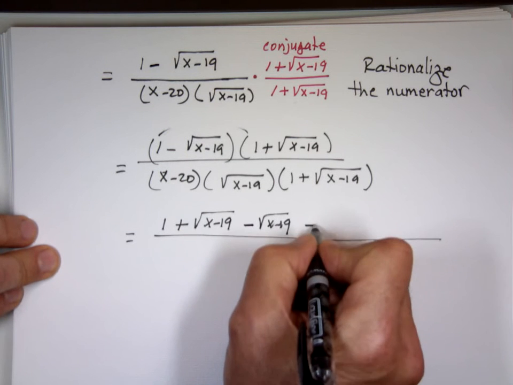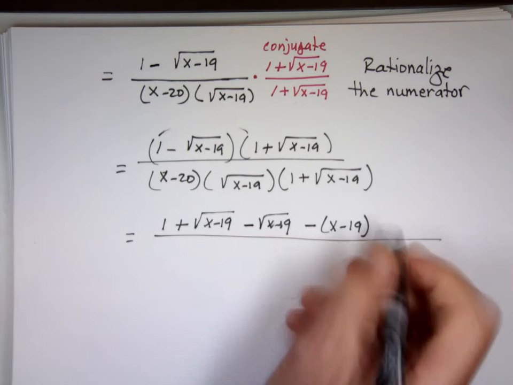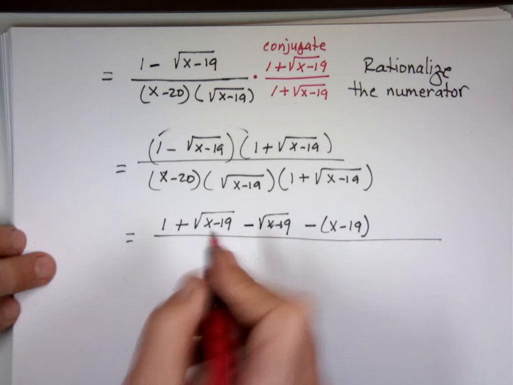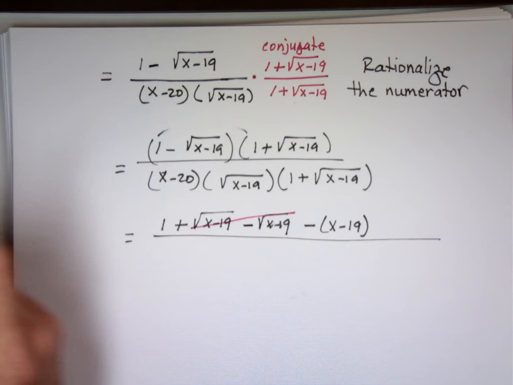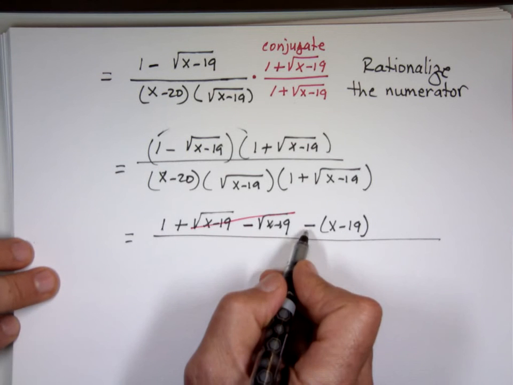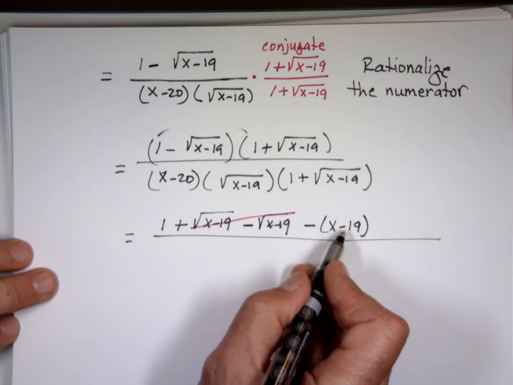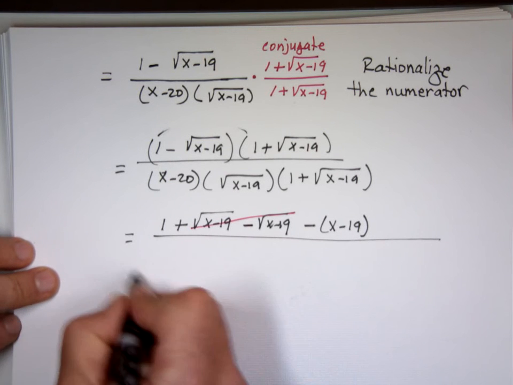X minus 19. And notice what happens to these two. They cancel each other out. So what are you going to have? 1 minus x, and this becomes what? Plus 19. What's 1 plus 19? 20 minus x on the top.